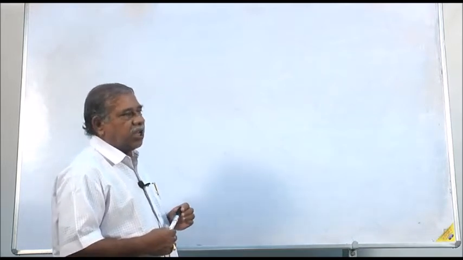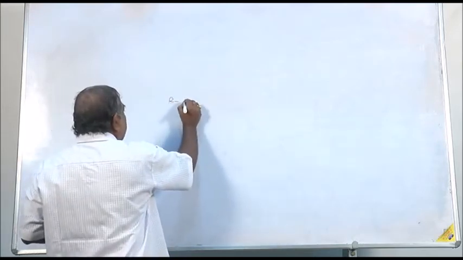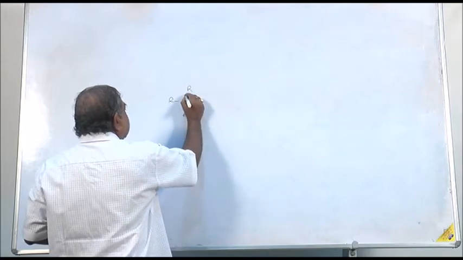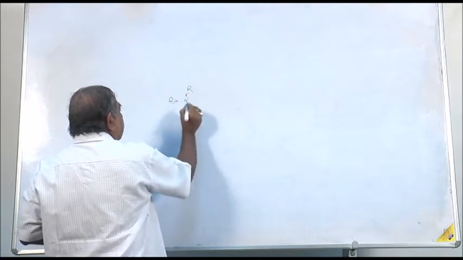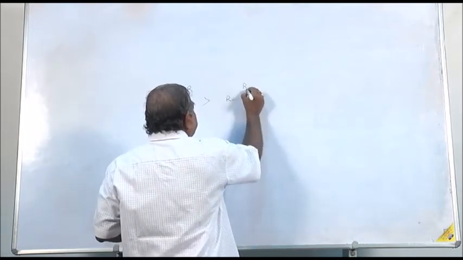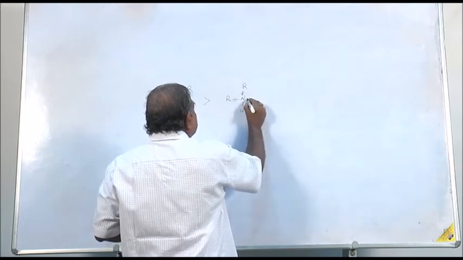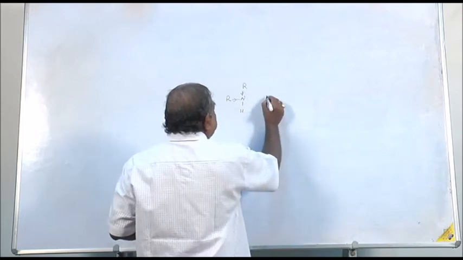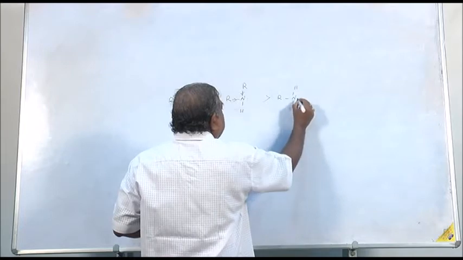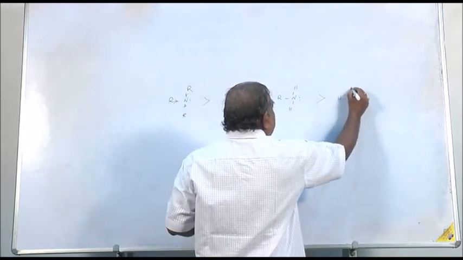All alkyl groups are electron pushing groups, therefore theoretically, the more the number of alkyl groups, that is the tertiary amine, should have been more basic than secondary amine, which possesses a lone pair of electrons, which should have been more basic than primary amine, which should be more basic than ammonia.